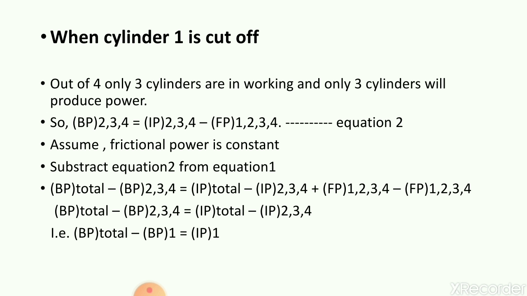So when cylinder 1 is cut off, we have an equation: the total brake power minus the brake power when 3 cylinders are working and one out of the 4 is cut off gives the indicated power of the cylinder 1, which is cut off.